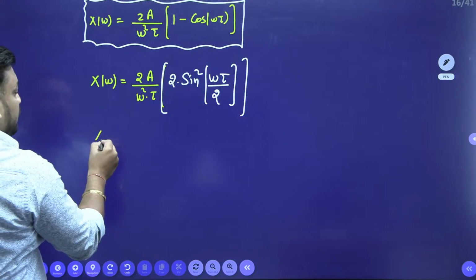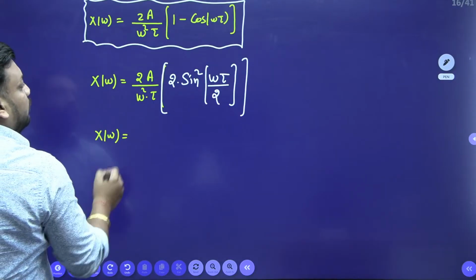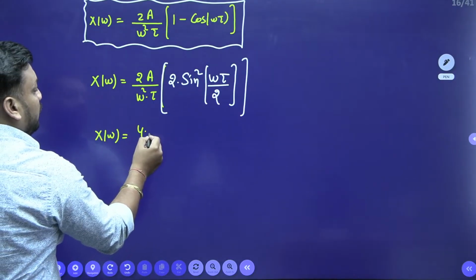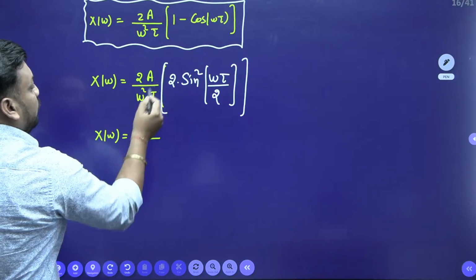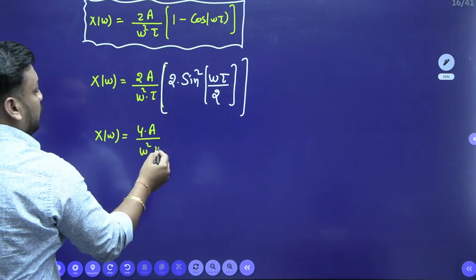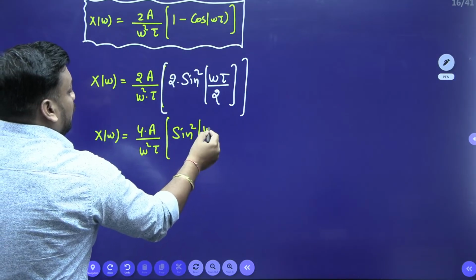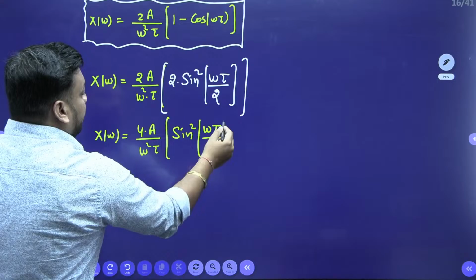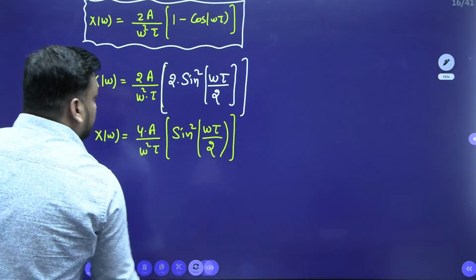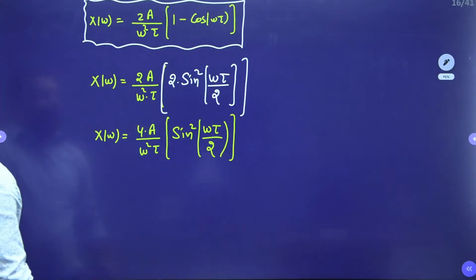So what you will get ultimately, guys? You will get X(omega) equal to 2 to the 4 into A into omega square into 2, and here you will get sine square omega tau by 2.